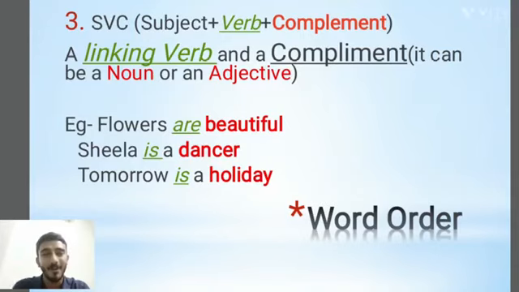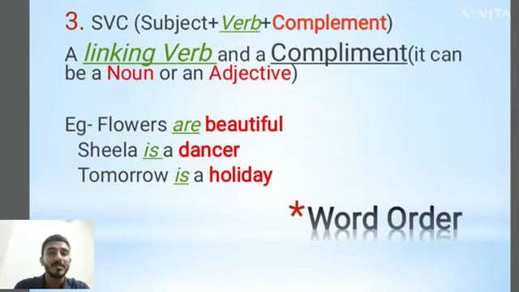No, yes, you're right, it's a noun. Just cross-check this complement with the complement of the first example. Beautiful is an adjective, and the complement in the second sentence, dancer, is a noun. That's why I told you a complement can be either an adjective or a noun. So you have got the idea.